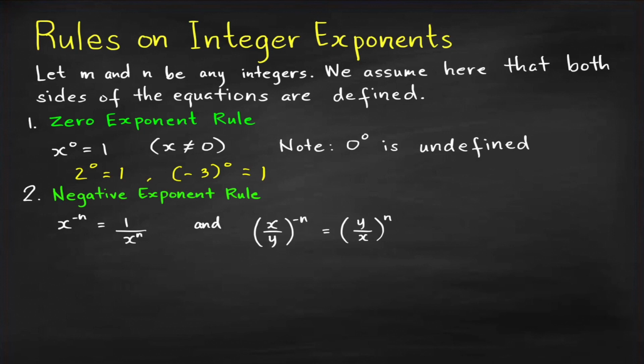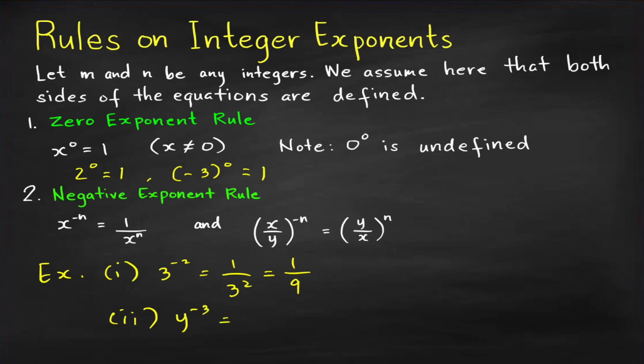So for example, let's say you have 3 raised to negative 2. This is equal to 1 over 3 squared, which is equal to 1 over 9. Second, let's say you have y raised to negative 3. Then this is equal to 1 over y cubed.